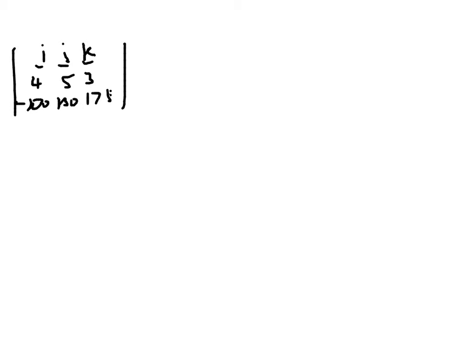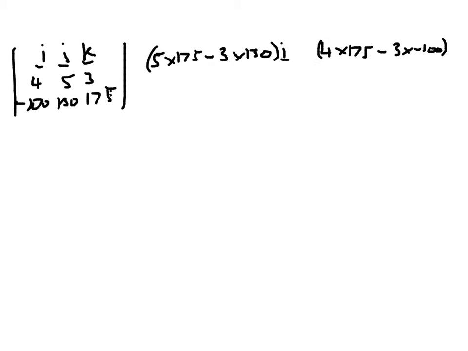To find our I component, we're going to do 5 times 175 minus 3 times 130 I. For the j component, 4 times 175 minus 3 times minus 100 j.